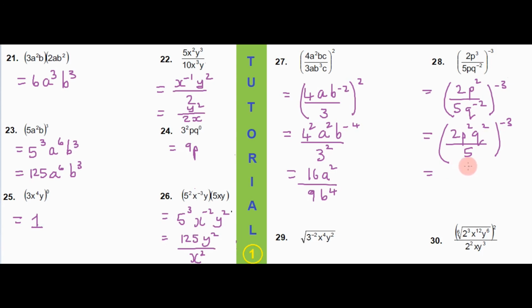So it's going to be 5 over 2p squared q squared, to the positive 3. And finally, applying the power to both the numerator and the denominator, we're going to get 5 cubed, which is 125, over 2 cubed, in other words, over 8, p to the 6th, q to the 6th. Here we are multiplying the powers of the p and the q by 3.